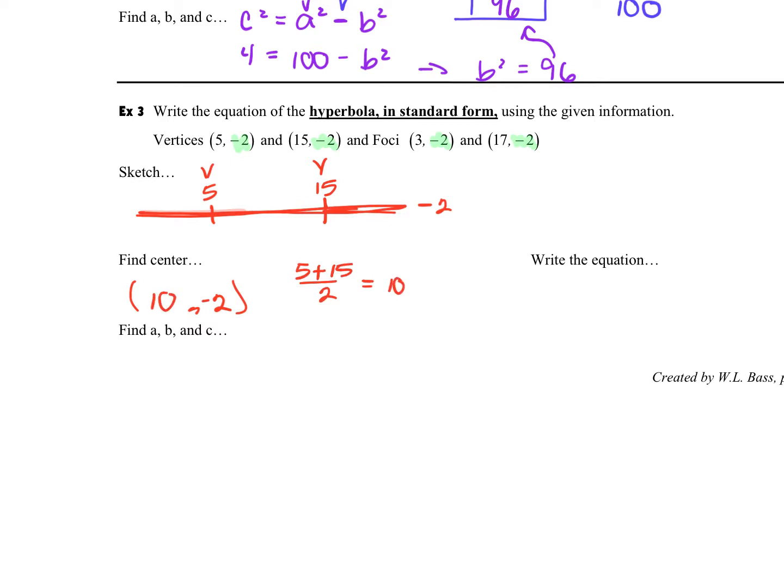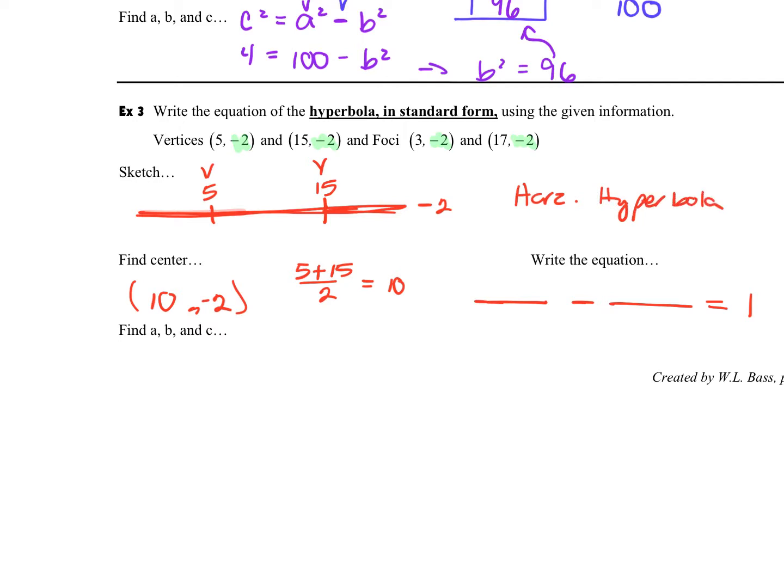So now if we want to start writing our equation for the hyperbola, we can remember it's going to be a fraction minus a fraction equals a 1. Then we need to think, what direction is this going to open? That's going to tell us whether it's the x first or the y first. So which variable should go here? Well, if my values are oriented horizontally, this means that this has to be a horizontal hyperbola.